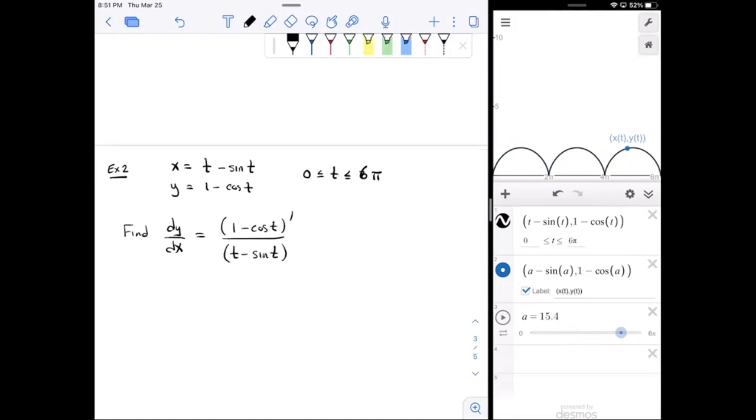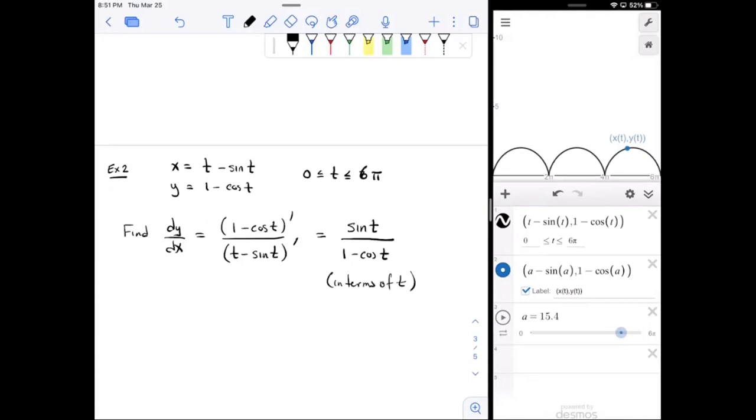So you have to be able to differentiate these functions, and you need to put them in the correct order. I'll leave it to you to check the details, but the derivative of 1 minus cosine t, when it's all said and done, is going to simplify to sine t. And the derivative of 1 minus sine t is going to be 1 take away cosine of t. So there's my slope, and as advertised, it's in terms of t. It always will be.